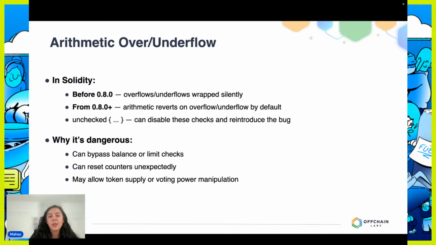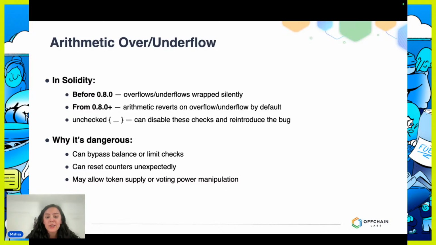And this kind of error is really dangerous. The reason is, as I said, you may have some balance check or limit check in your contract, and by wrapping around, it gets bypassed. Or you might have voting or IDs or counters that are reset unexpectedly, and you don't even get an alert.